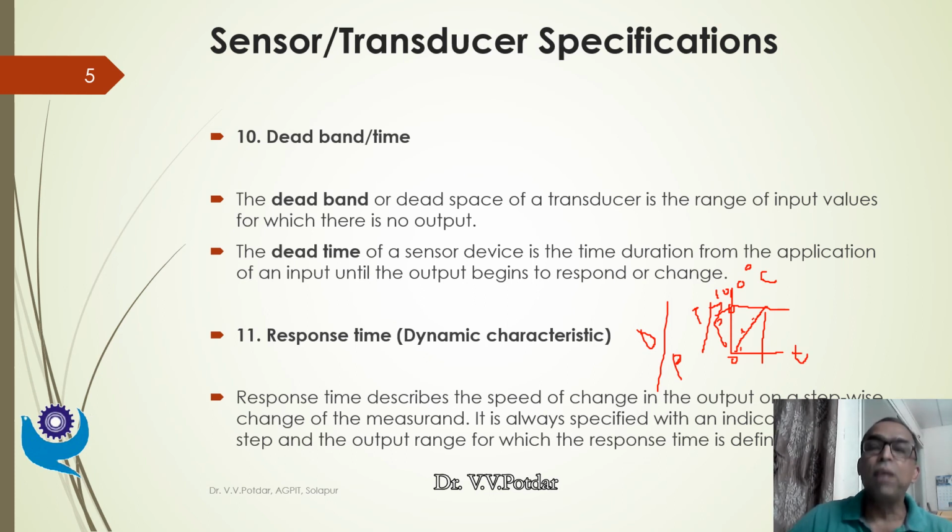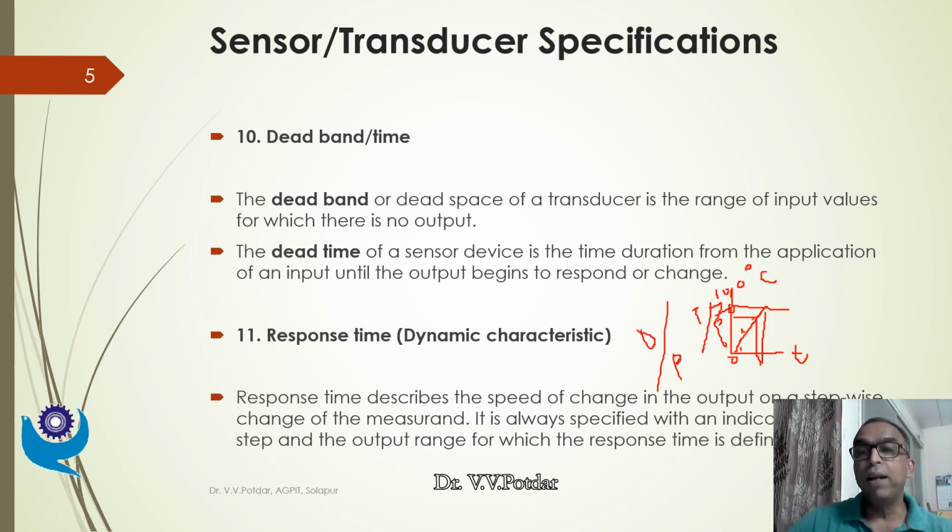Now there are 2-3 parameters, as I said. Now there is one parameter called the time constant. That time constant corresponds to the time required for a transducer to show 67% of the final output value.